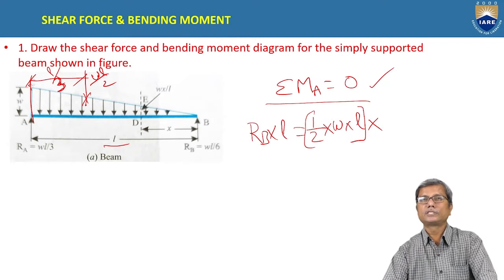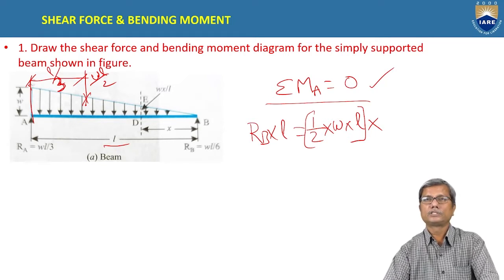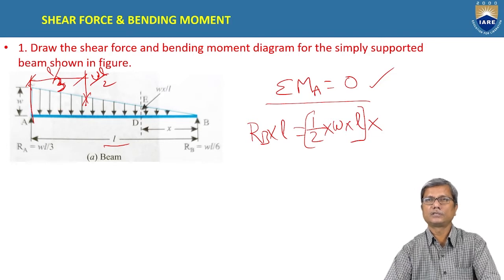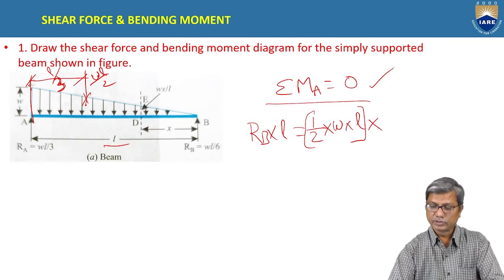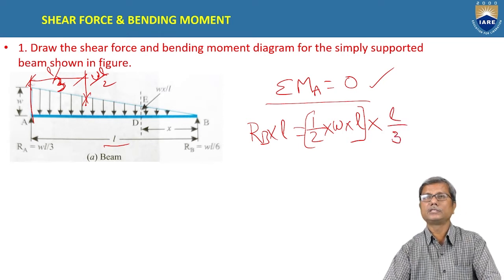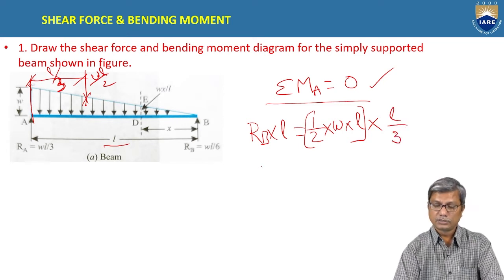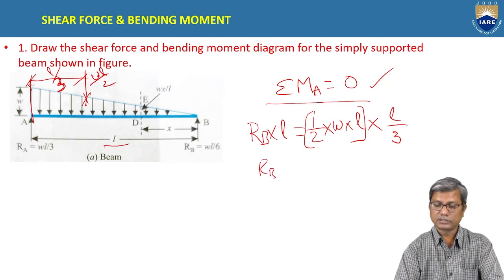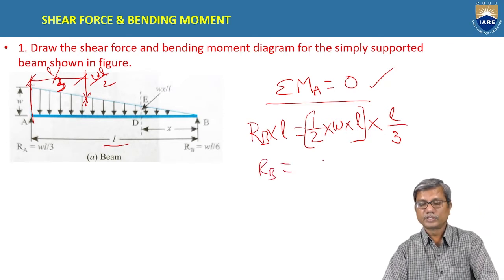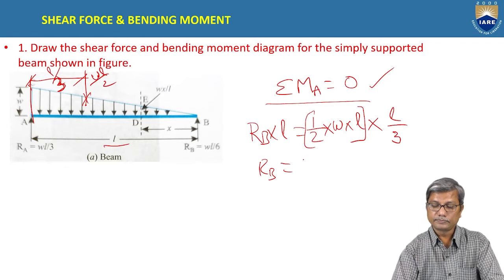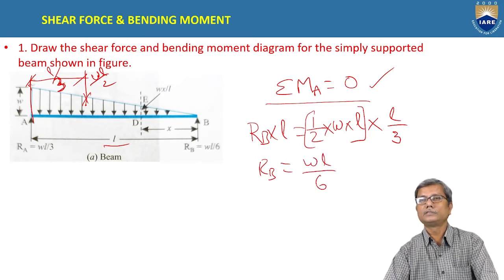So we are taking moments about A, which is the base of the triangle here. The distance of centroid will be L by 3. So total load multiplied by the distance L by 3 gives the reaction at B, RB, which is WL by 6.